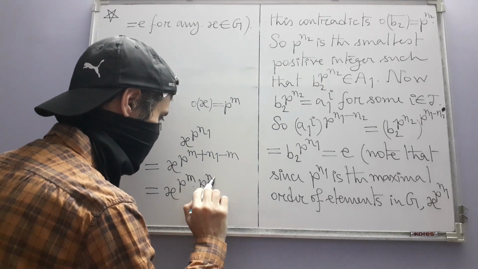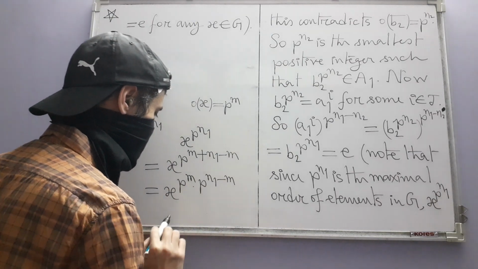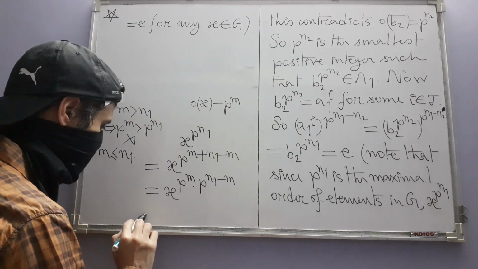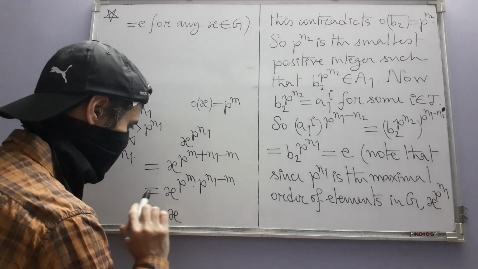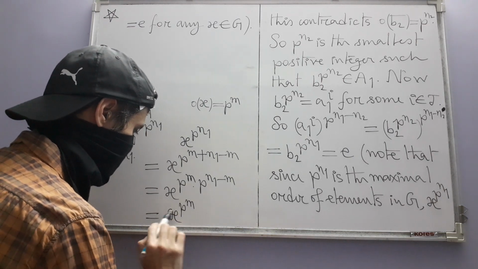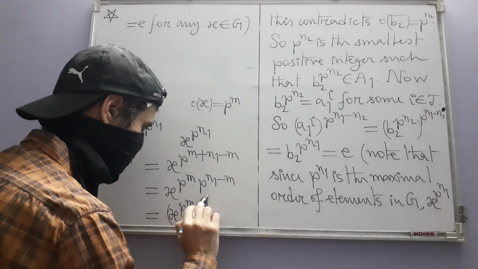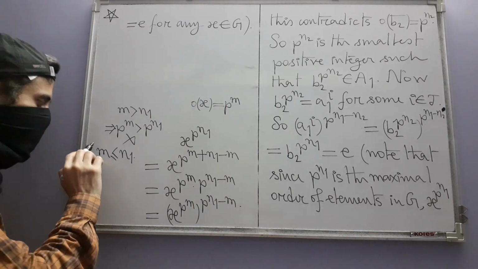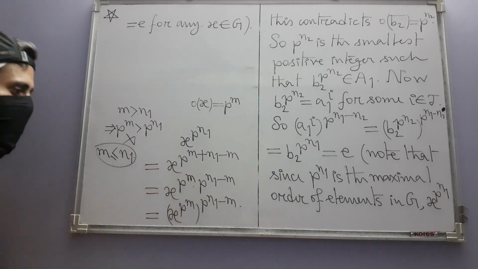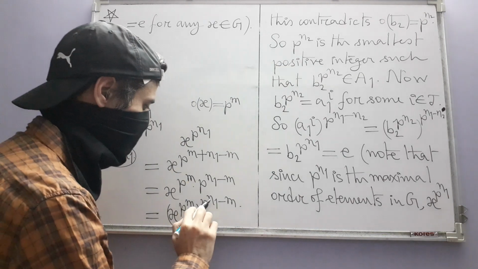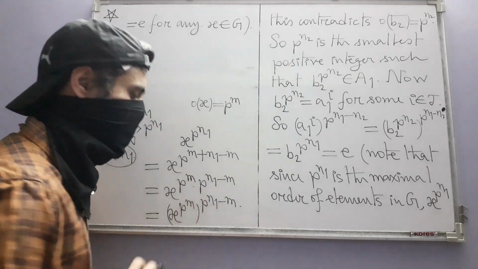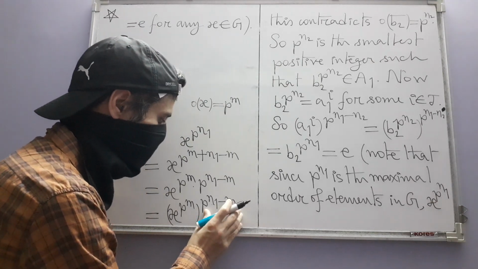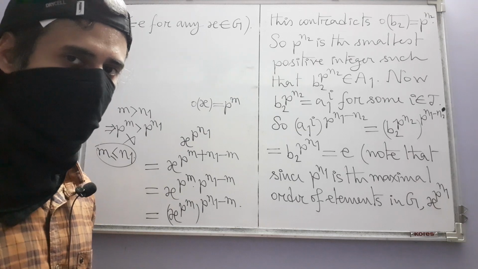And now it will come, see? This can be written as this, okay? And this, by one of the rules of exponents, is this. Now, what role does this inequality play here? You see, the fact that n1 minus m is a non-negative integer makes this power an integer.